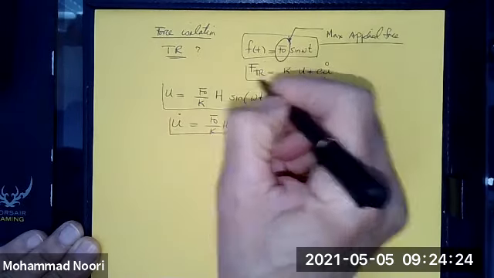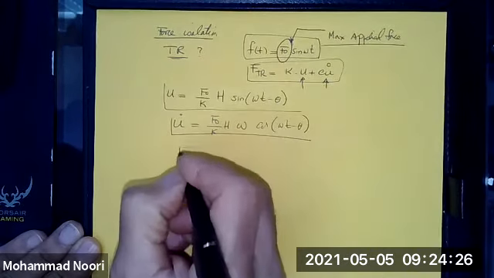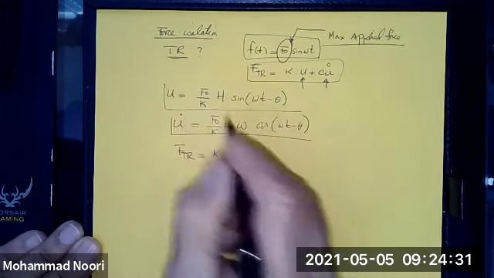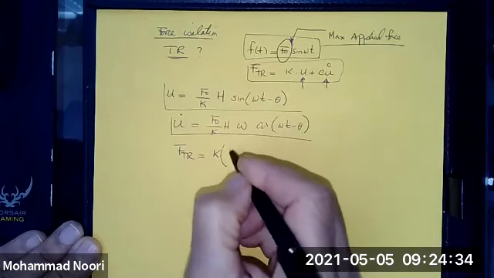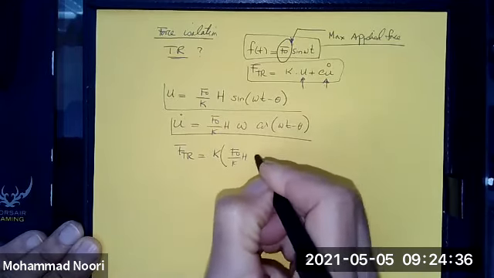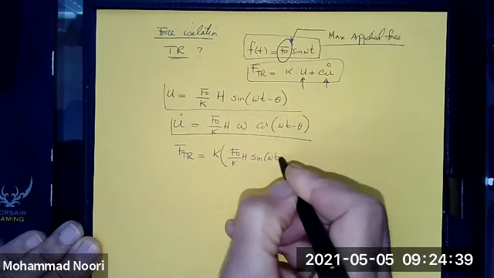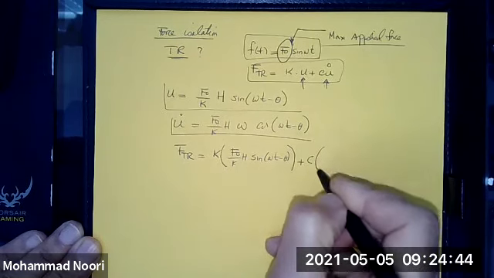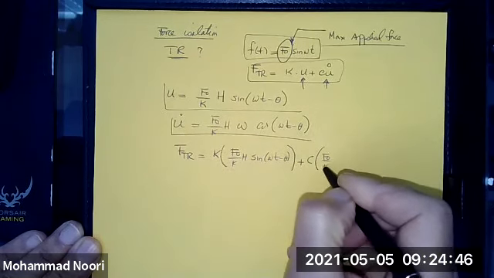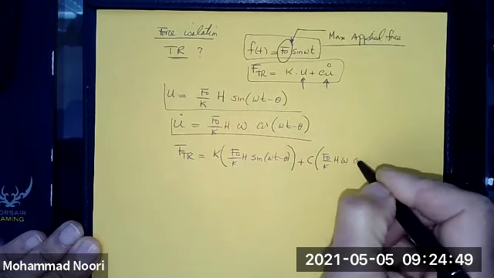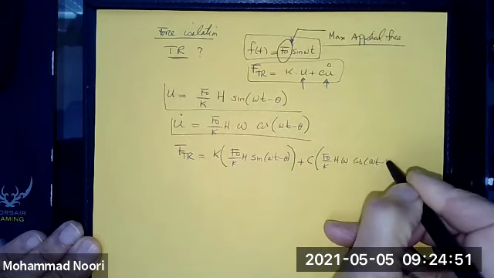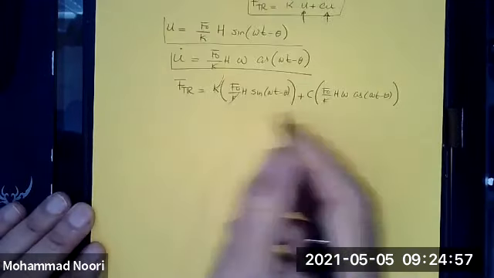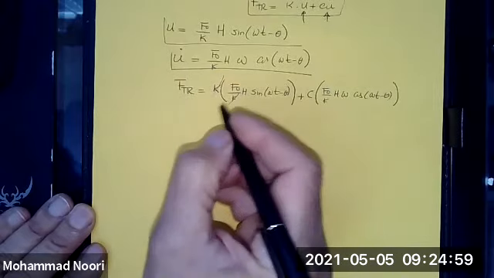But what is the maximum value of this? First of all, this force is K times U. So K times F naught over K, H sine omega t minus theta, plus C times F naught over K, H omega cosine omega t minus theta. So this and that cancel out. Let me rearrange this.